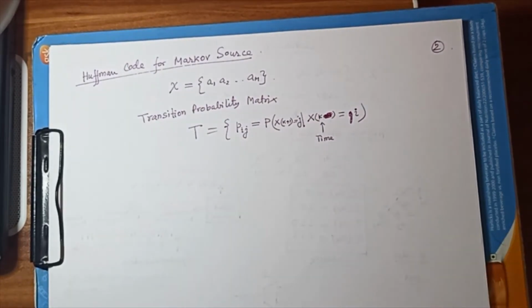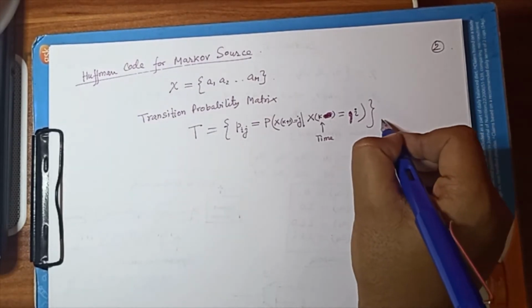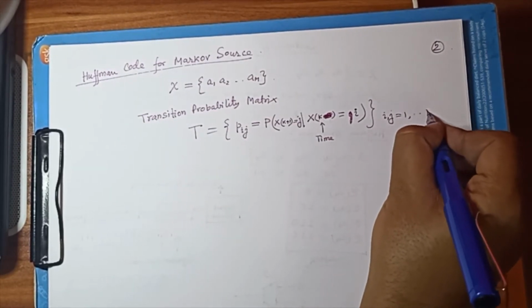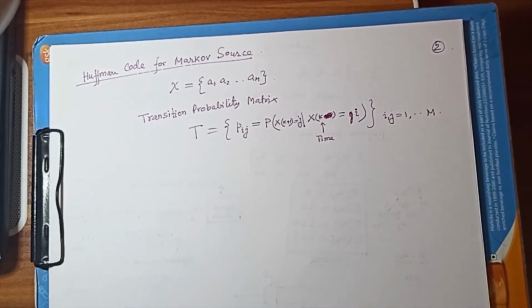This is for all I and j, I, j equal to 1 to m. K is the time point.